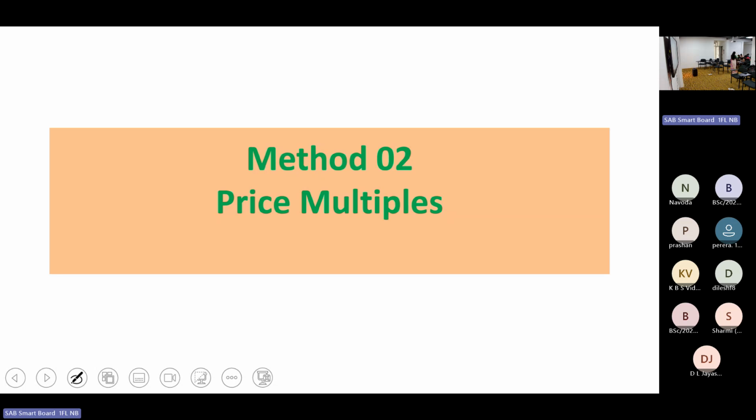What's method number 1? Dividend discount model. Second method, price multiples. Very good. Hope you all are clear and on track.